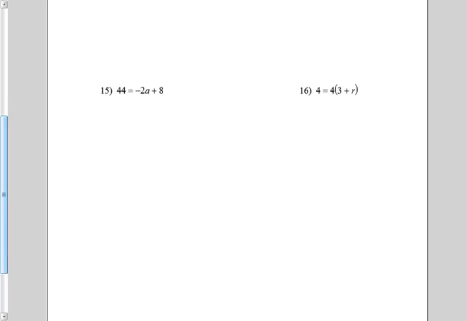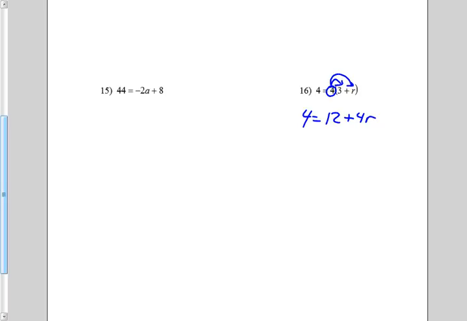Now, on 15, I'm going to ignore it and let you guys try because there's not a lot going on there. But on 16, we come to our first one where I see a distributive property. Probably something you all know, but 4 times 3, 4 times r. It's good to review that.